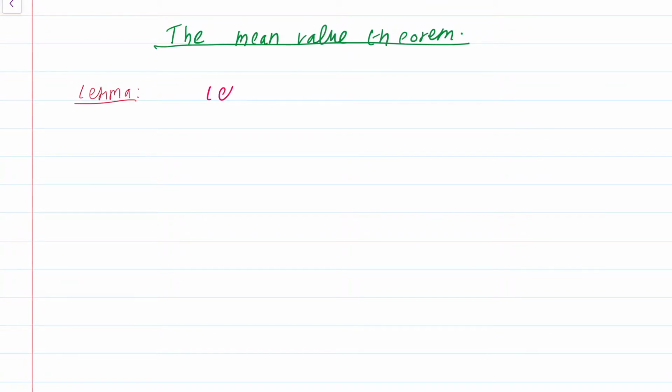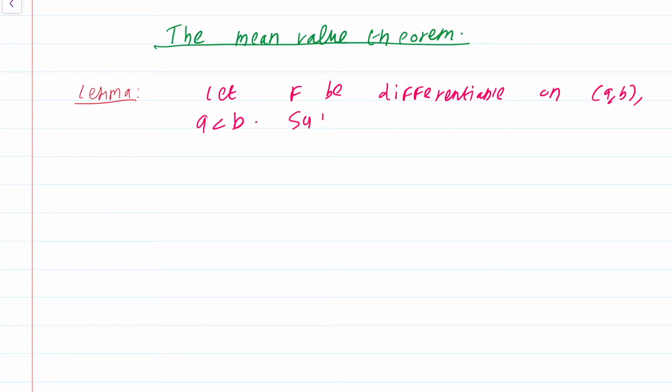Let f be differentiable on the open interval (a, b), with a less than b, just to ensure that it's not the empty set. Suppose for some c in (a, b), f attains its maximum at c.